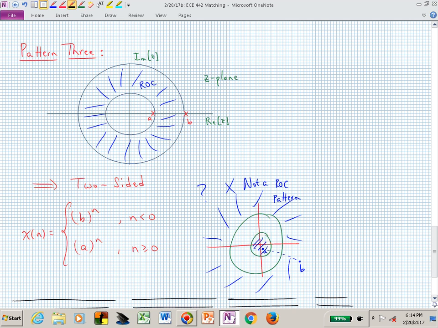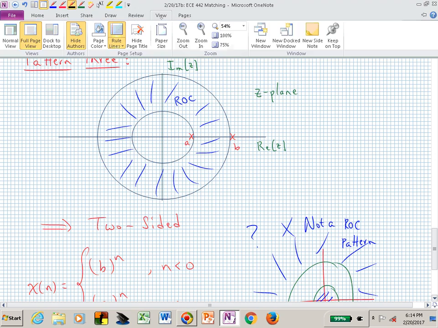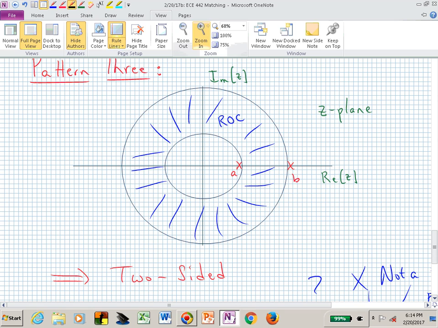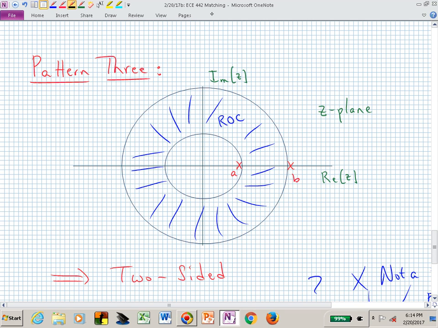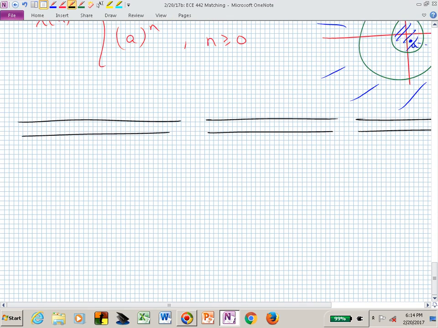So that's not allowed. The region of convergence needs to be connected. We okay? Question.